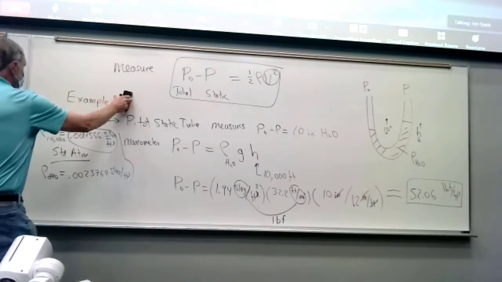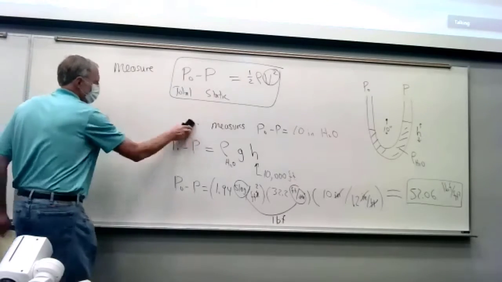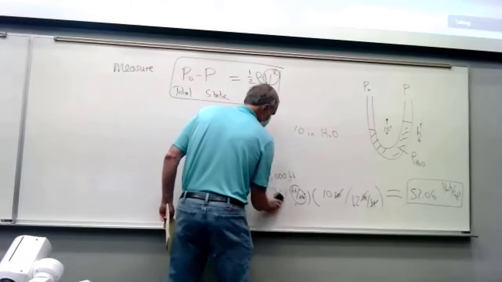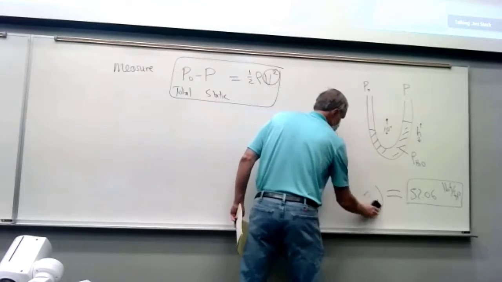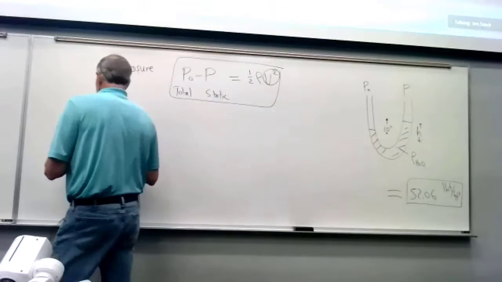So let's go back to this equation. And if you remember, there's two ways we can calculate the airspeed. One is using the actual density at altitude, and that's what we call true airspeed.